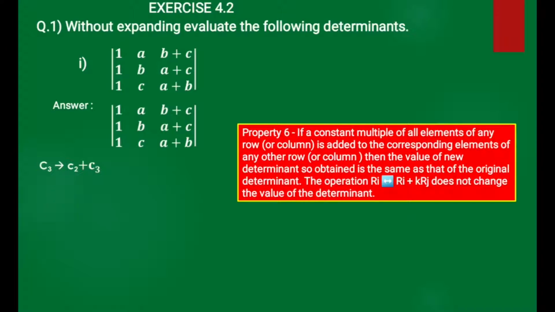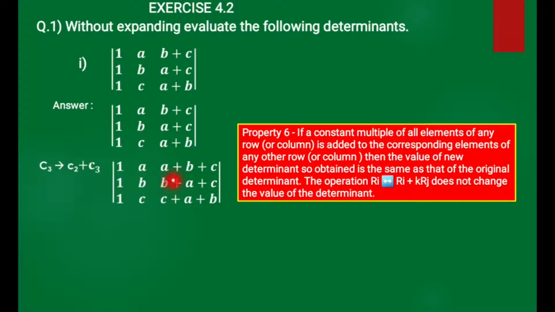When we add C2 with C3, we add a with b plus c, b with a plus c, and c with a plus b. So we write here a plus b plus c, b plus a plus c, and c plus a plus b.